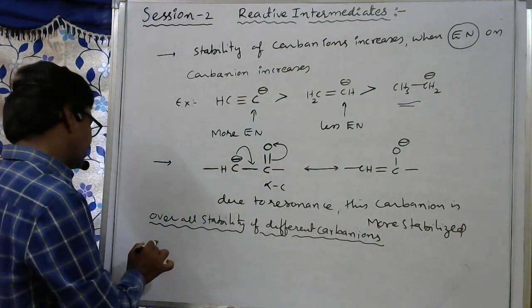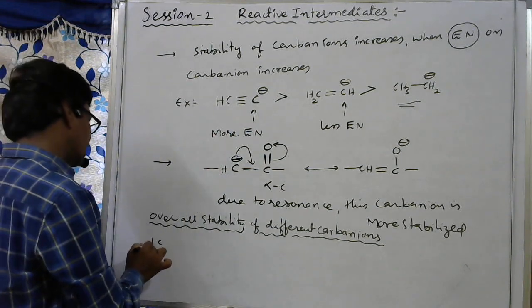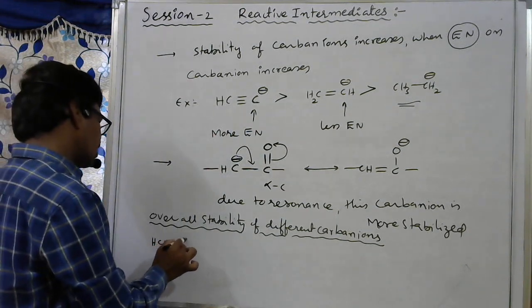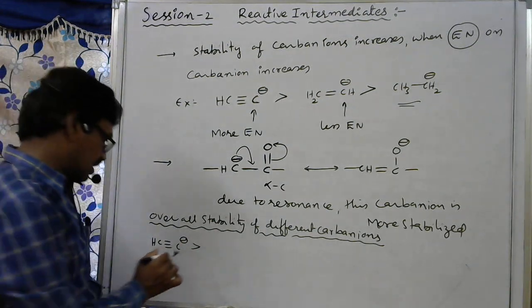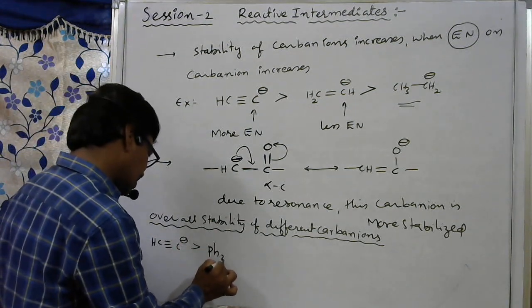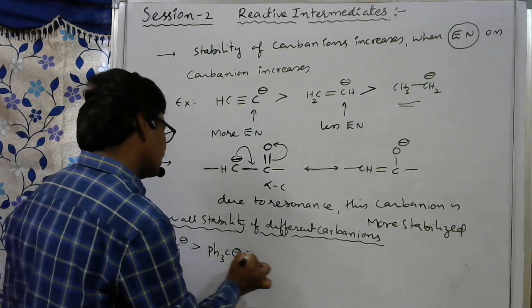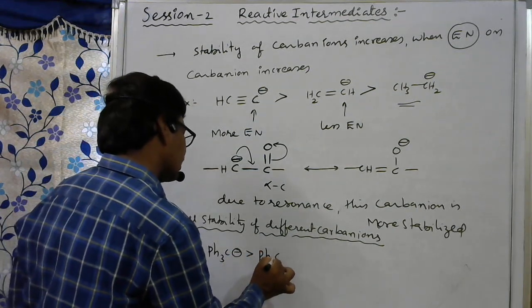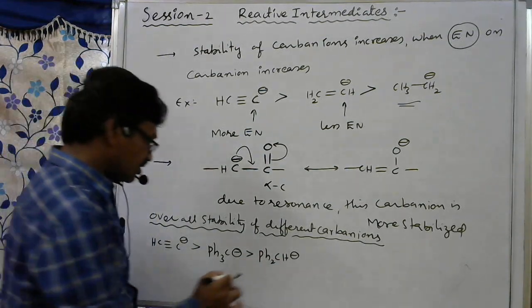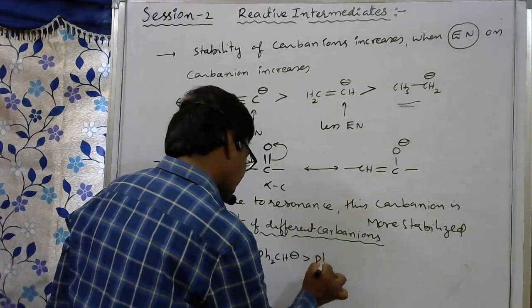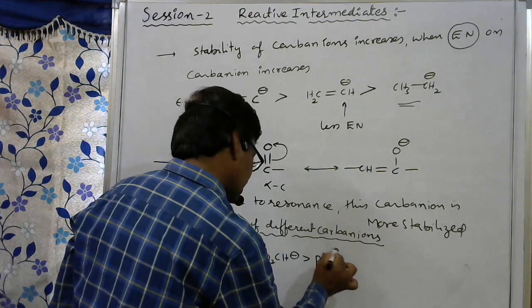Among these, the first one is HC≡C⁻, the carbanion that is the most stable. After that, the triphenylmethyl carbanion, then the diphenylmethyl carbanion, then the benzyl carbanion.